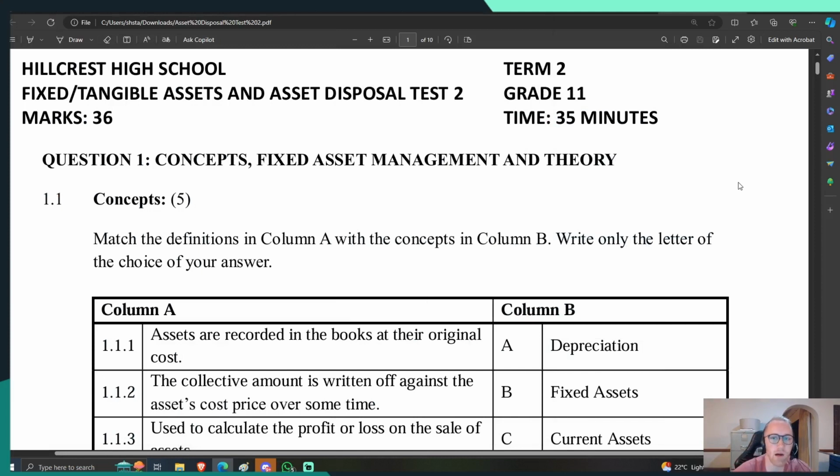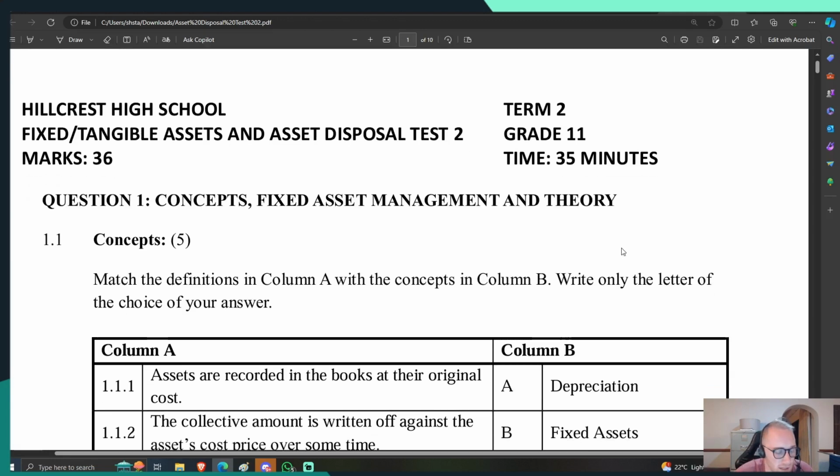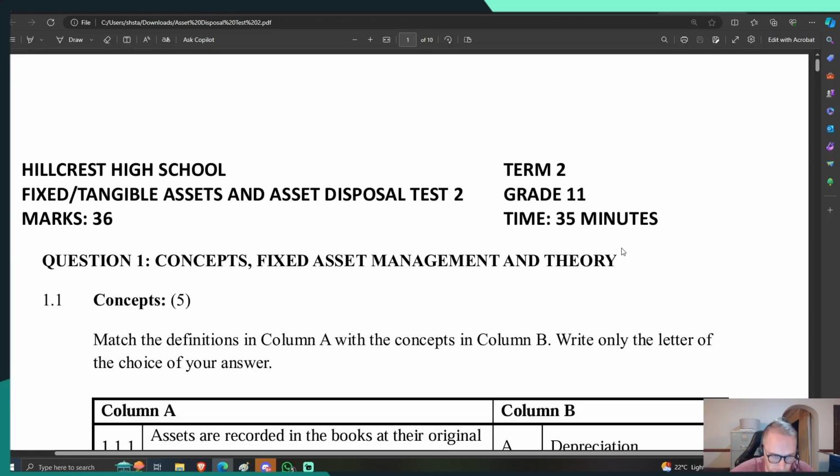I'm going to do this test with you. This test that you did on Friday, the 12th of April, which, depending on when you watch this, may be last Friday. It was the test on asset disposal.